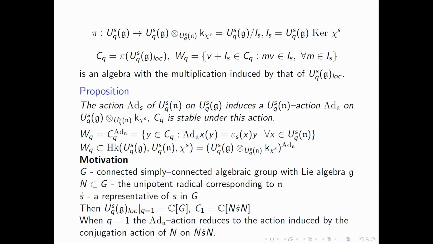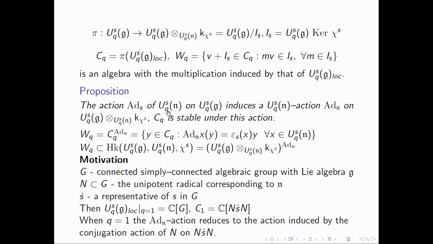Well, once algebraic groups appear, and at the quantum level we study some algebras of invariants, we would like to reduce the description of these invariants to invariants with respect to some group actions, at least at the classical level. This is done using the adjoint action. Namely, one can describe this QW algebra W_q as the algebra of invariants with respect to the adjoint action.